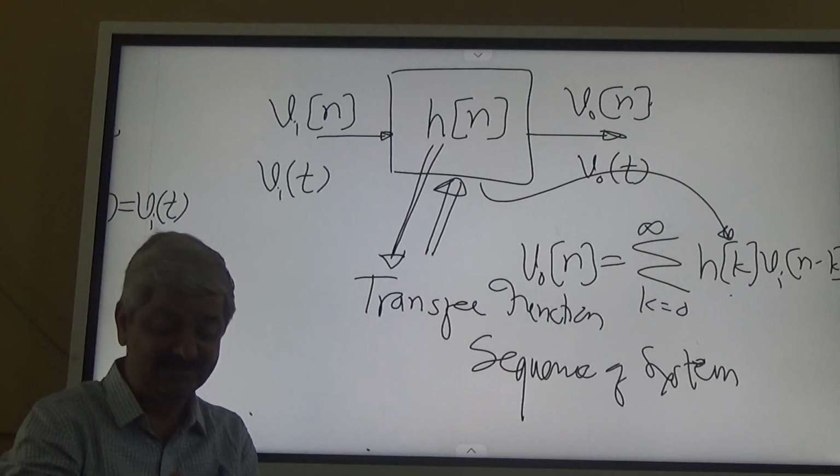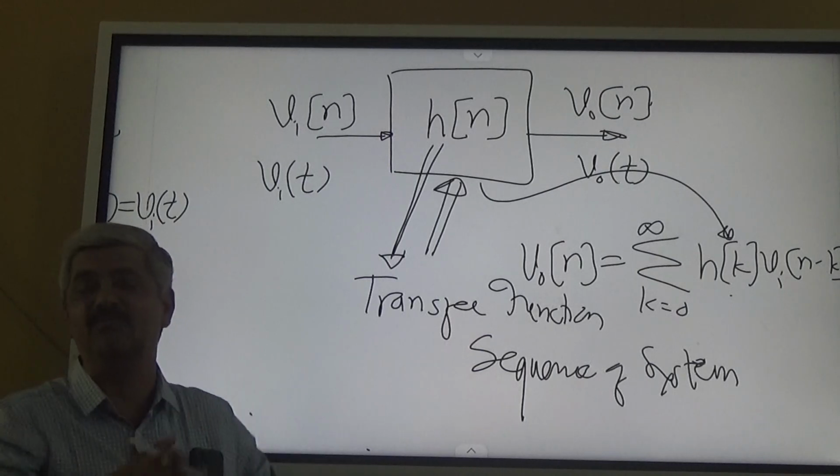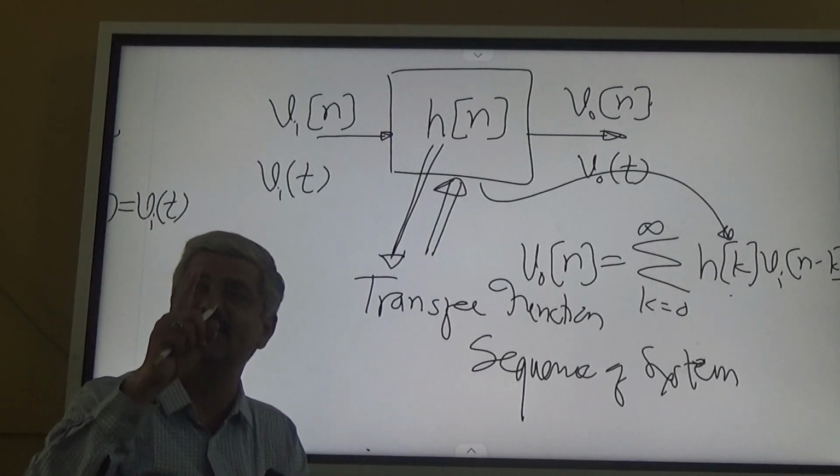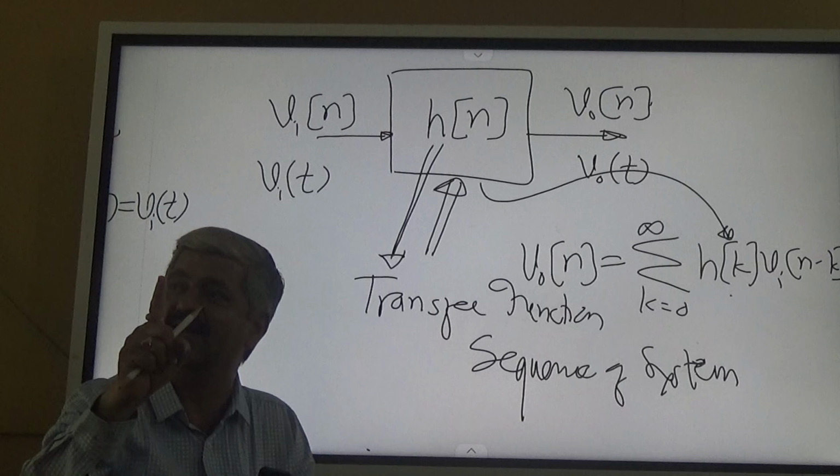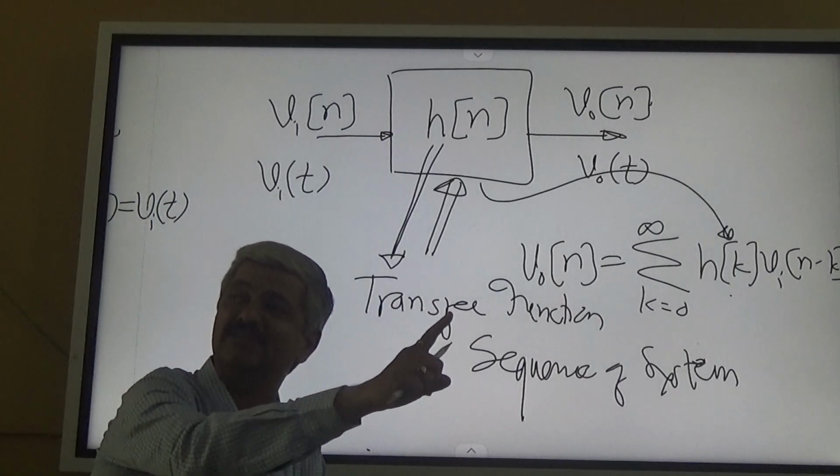Right? Means weighted sum. What is the output? It's a weighted sum of the current and all previous input samples.